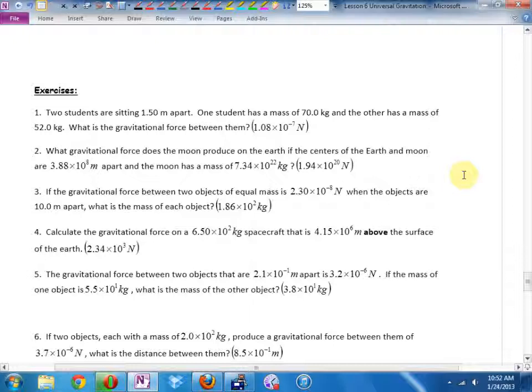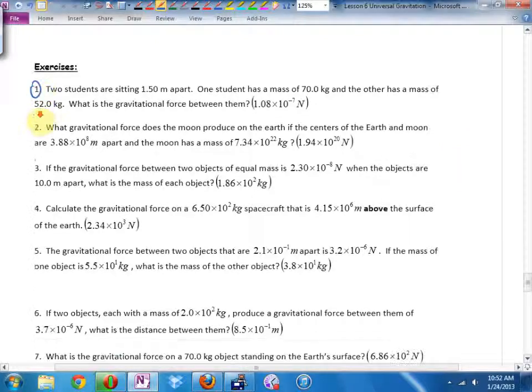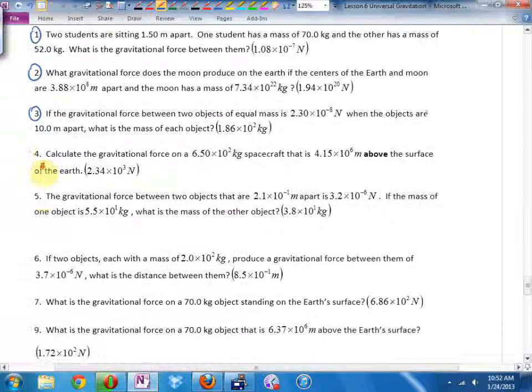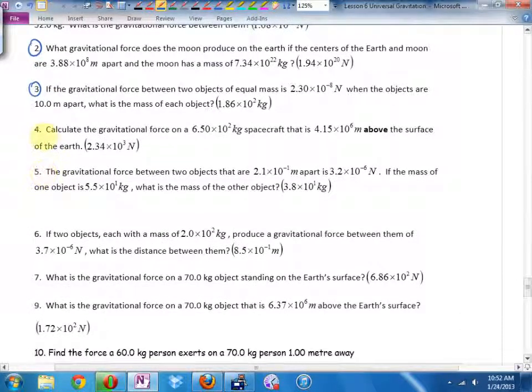Homework. Try number 1. Try number 2. Try number 3. Number 4. Now, number 4 is tricky in that, what's the word that's in bold font?